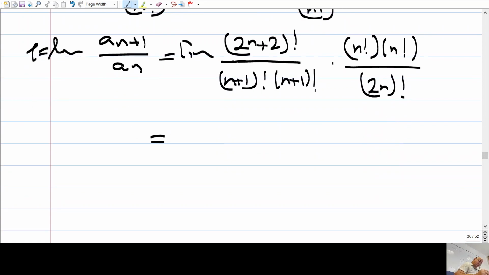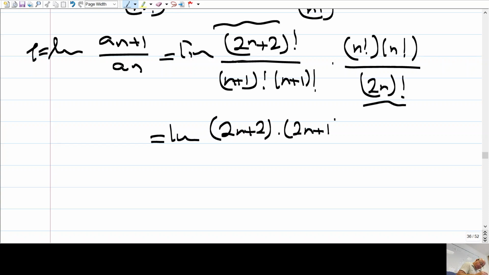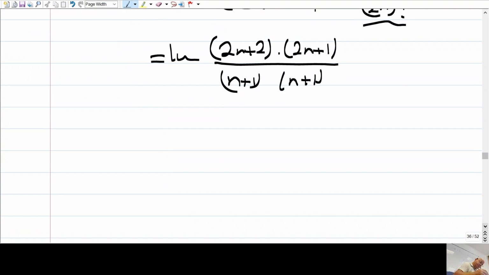Alright. Well, (2n+2) factorial divided by this gives us what? (2n+2) times (2n+1). And here (n+1) factorial cancels with this one, and we get n+1 here, and same thing for the other two terms. So we have this.